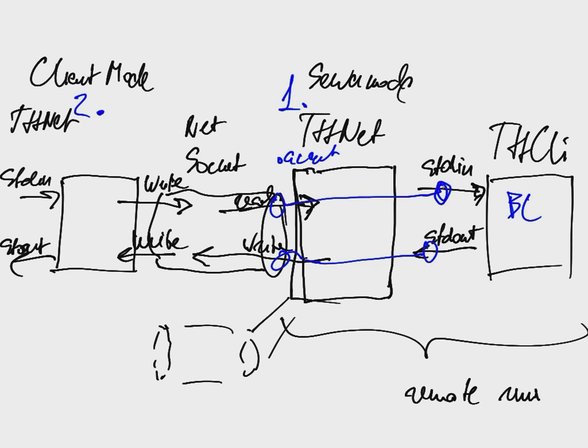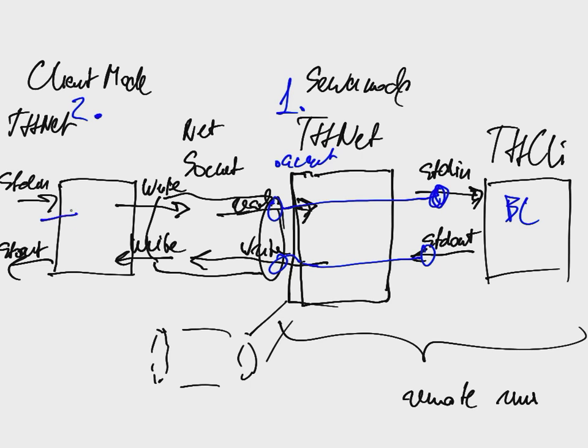We just needed to pass different references for the input and output streams for this business logic part. But now we need to do all the piping by ourselves. And what do we need? We need to create a reader which reads from standard input. We need to create a writer which writes to the socket.